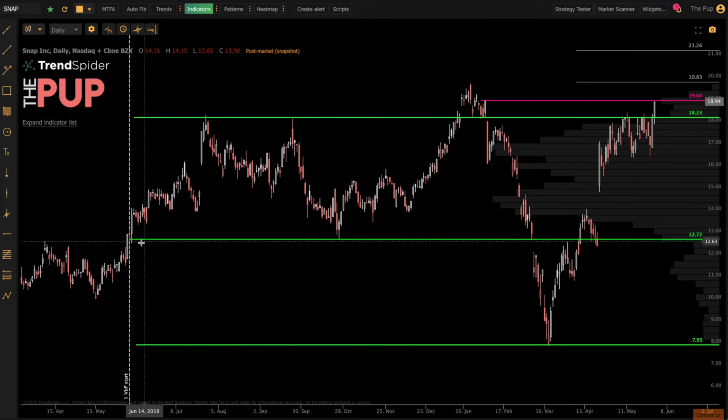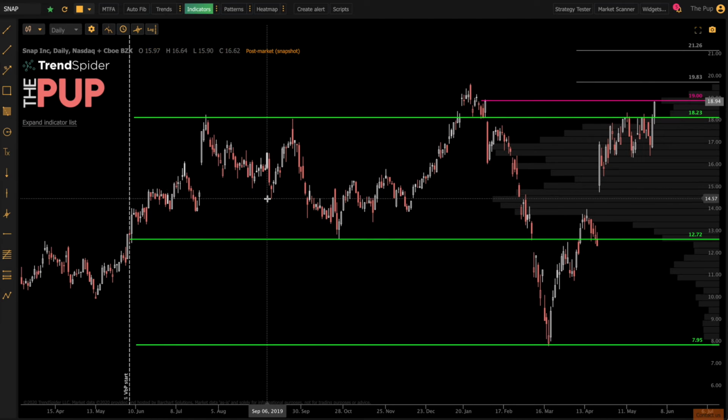When we first had our breakout over here on June 6th, we had a previous resistance around 12.80. We broke out and ran and tested this 18.23 level. It turned out to be resistance.